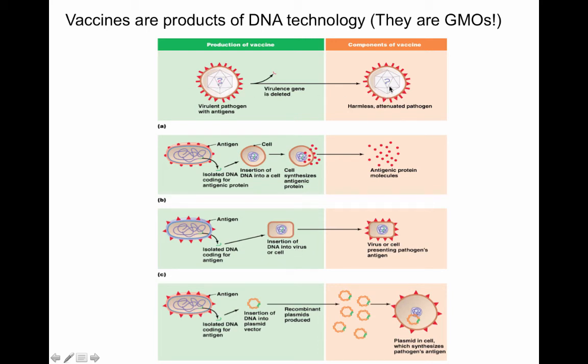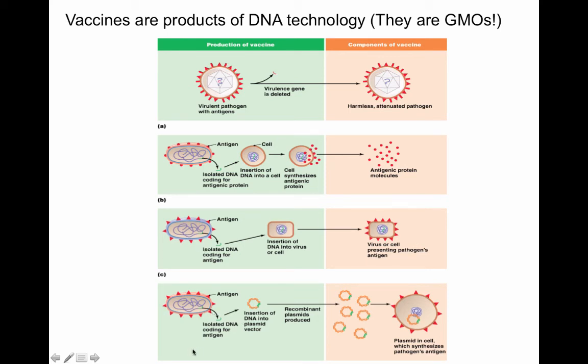Maybe it's a virus that they have been able to weaken. And they're going to genetically modify this weakened guy to present the antigen on its surface of this pathogen. So they're taking this cell or this virus and making it express and produce this antigen. And now they use this cell or this virus as the vaccine.